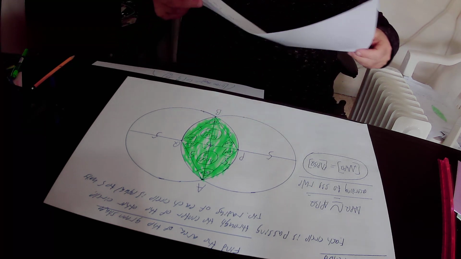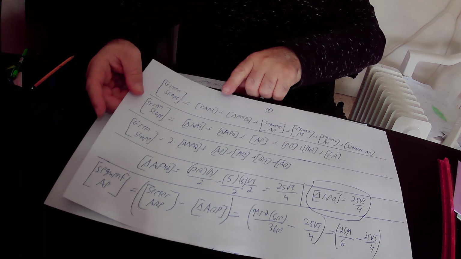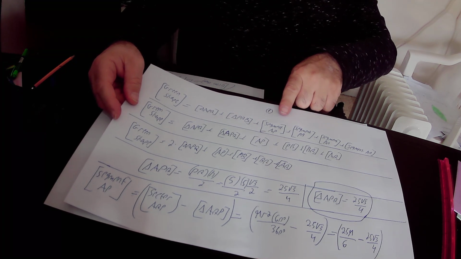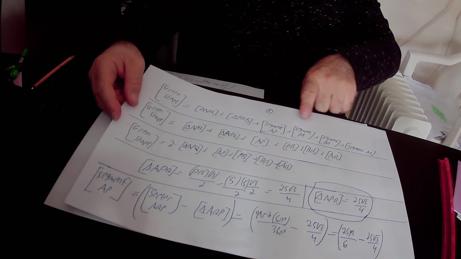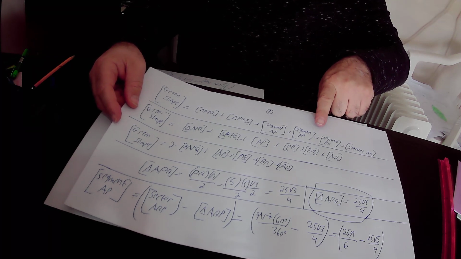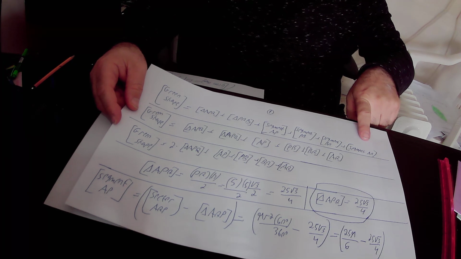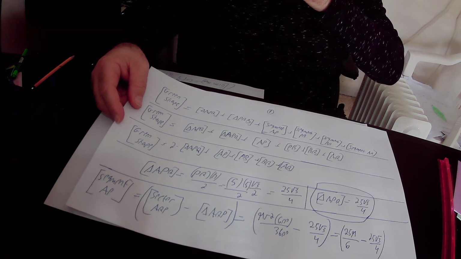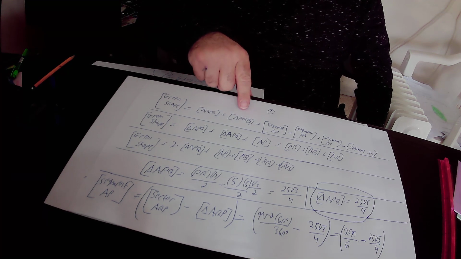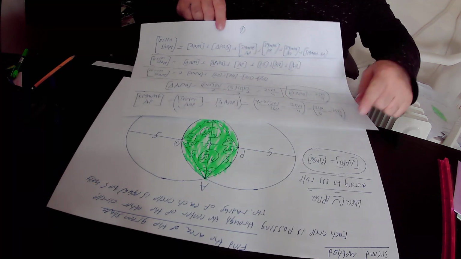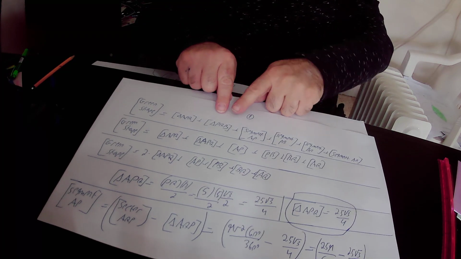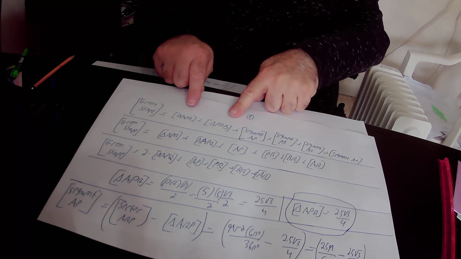I'll repeat again. The area of the green shape equals the area of triangle APQ plus the area of triangle PBQ plus the area of the 4 segments AP, PB, BQ, and AQ. Okay, but because the area of triangle APQ is equal to the area of triangle PBQ, we can substitute the area of triangle PBQ by the area of triangle APQ.